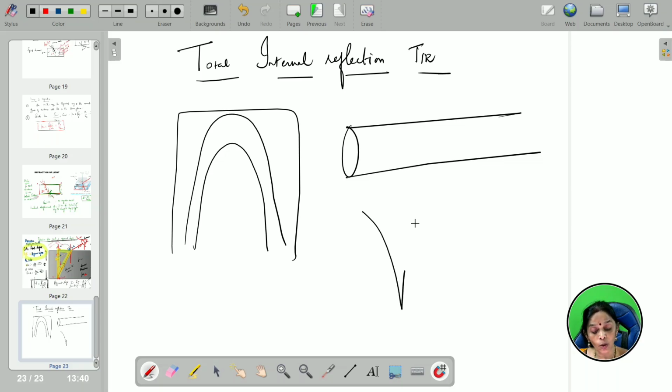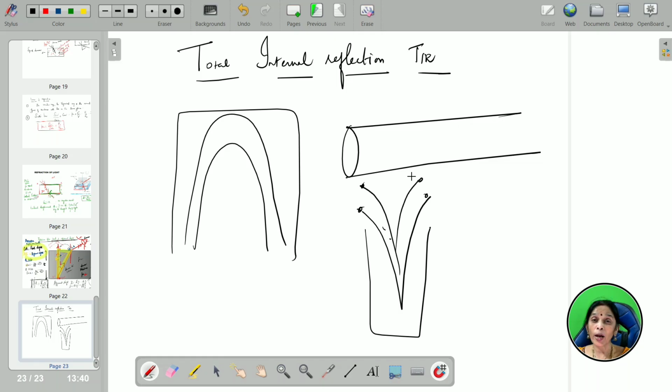You must also have noticed a flower vase with some glowing stuff at the tip of a wire, but actually it is not a wire, it is a glass fiber. That is also based on TIR.